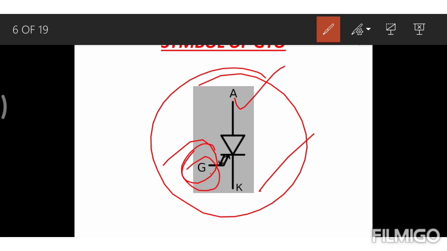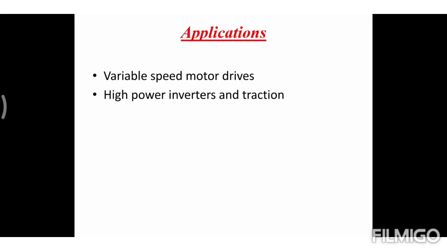If you want to turn on this GTO, we have to apply a positive pulse at gate. If you want to turn off the GTO, we have to apply a negative pulse at the gate terminal. So this is the electrical symbol of the GTO.